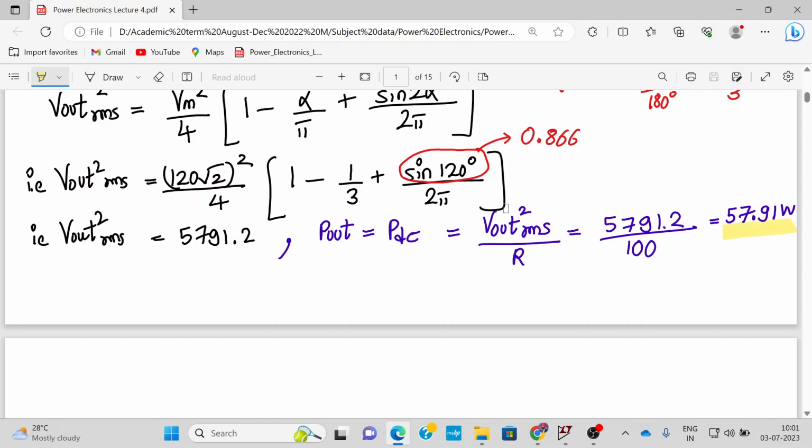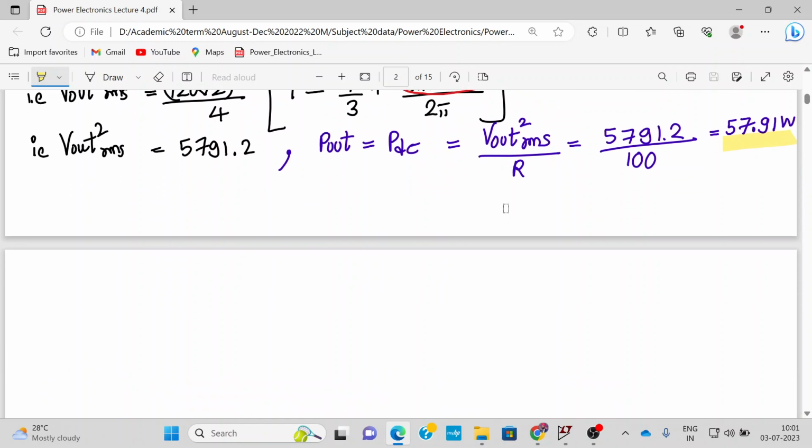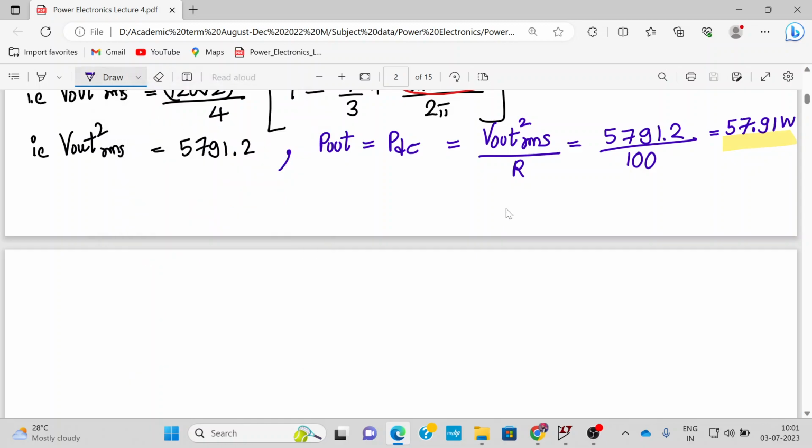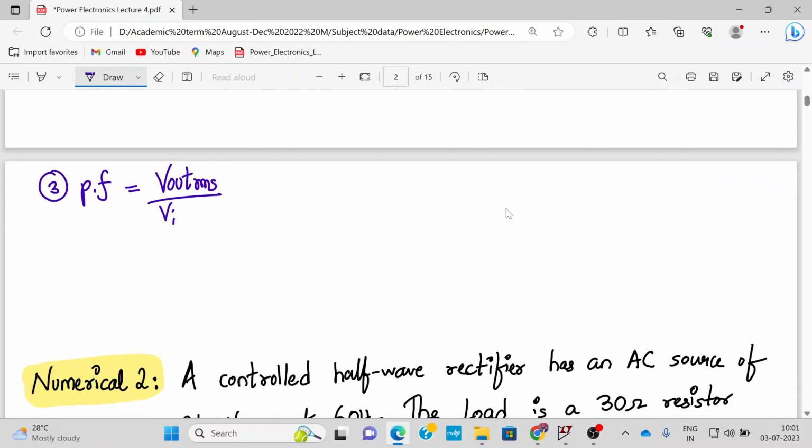Now next we have to find out the power factor. So the third case is, we have to find the power factor. Power factor is given by the formula V out RMS divided by V in RMS.